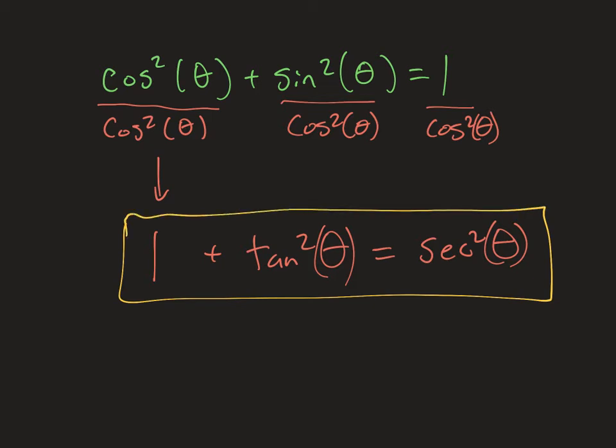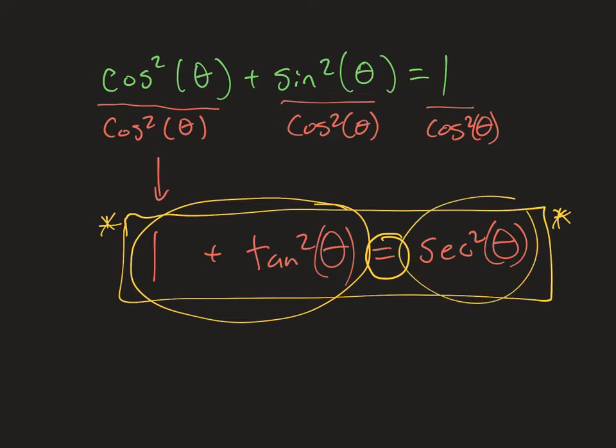Not quite as famous as cosine squared theta plus sine squared theta equals 1, but still an important identity that we're going to use a lot. Now notice, like I said before, when we talk about what identities are, they are just equations, right? So I do have this equal sign right here. And usually one side's a little more complicated than the other. So 1 plus tangent squared is a little bit more complicated than secant squared theta.